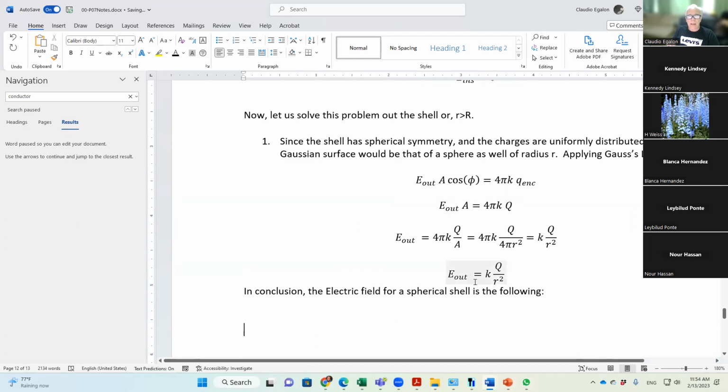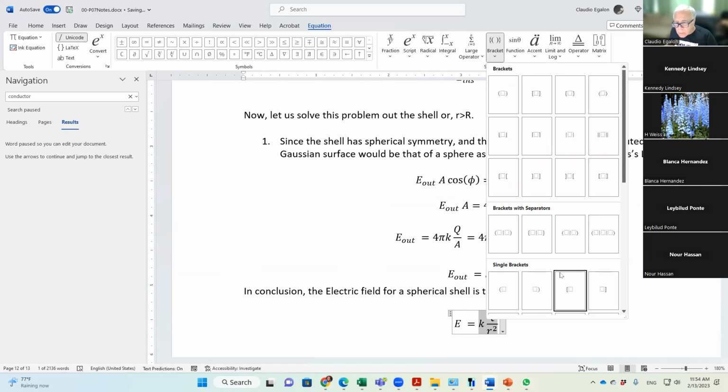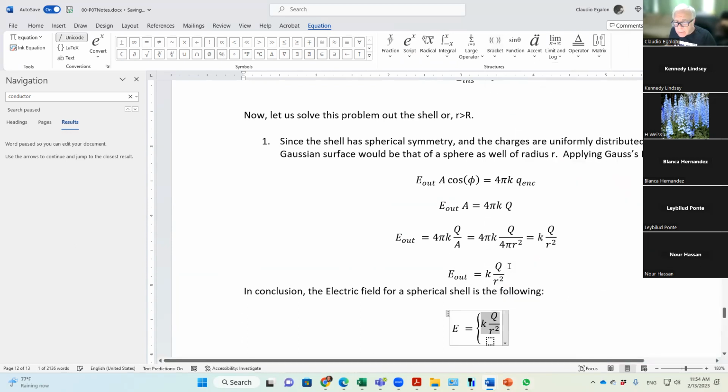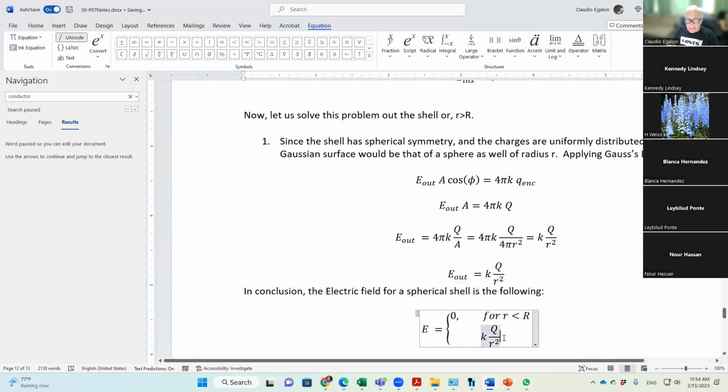You write that down the following way: E is going to be equal to 0 for r less than big R, and E is going to be equal to kQ divided by r squared for r greater than big R. Actually, it's r greater than or equal to big R.